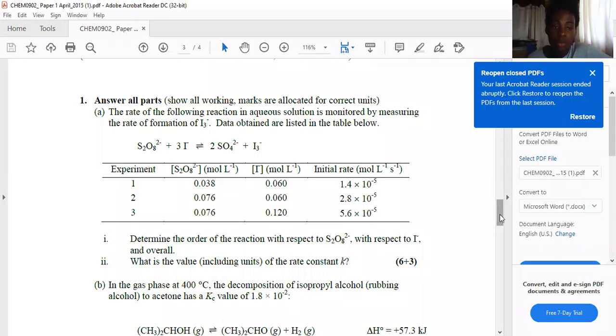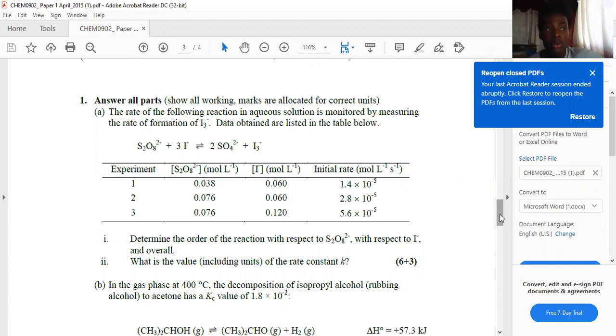Specifically, the question that we'll be doing is question 1(ii). It asks: what is the value, including units, of the rate constant? So we're going to find the rate constant of the equation.